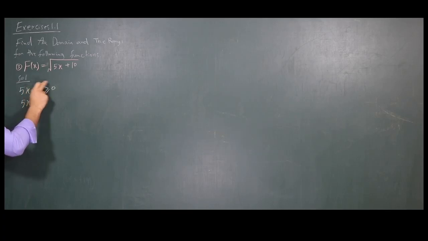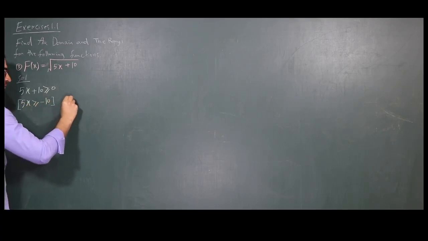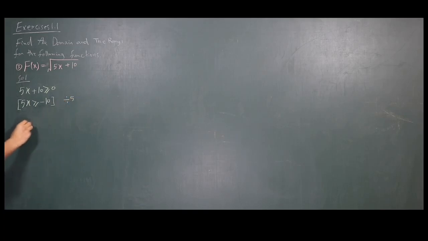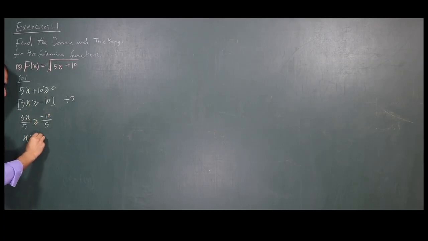I will move the plus 10 to this side to be minus 10, and I'm going to divide this inequality by 5. 5x divided by 5 greater than or equal to minus 10 divided by 5. So x will be greater than or equal to minus 2.